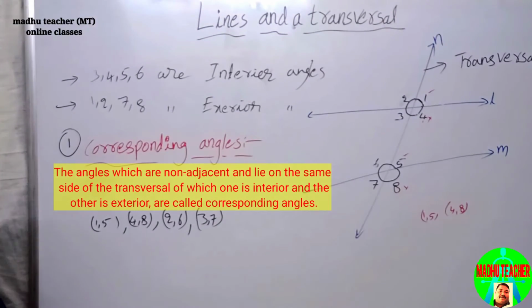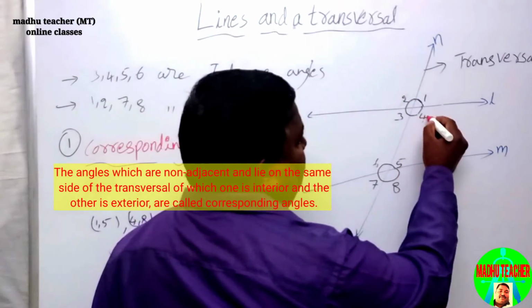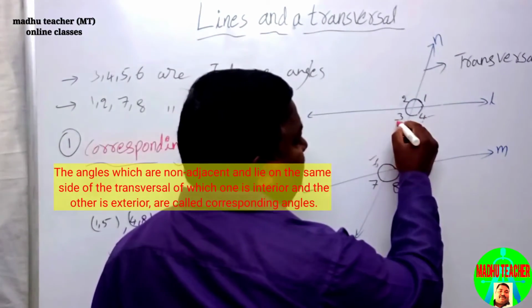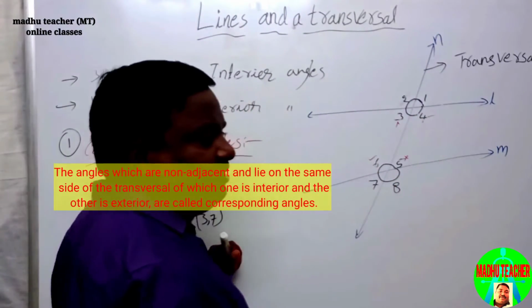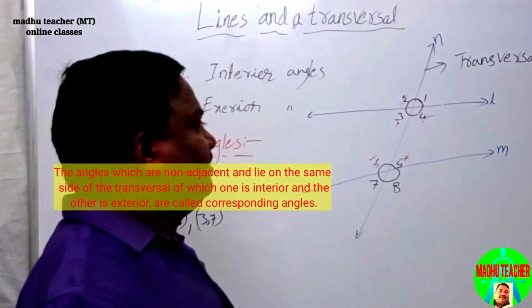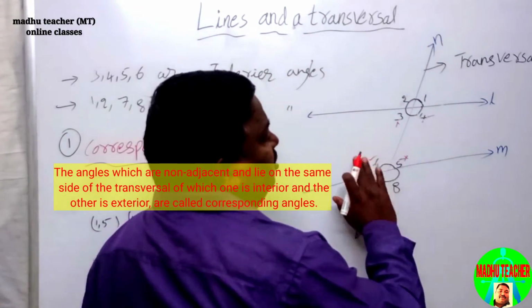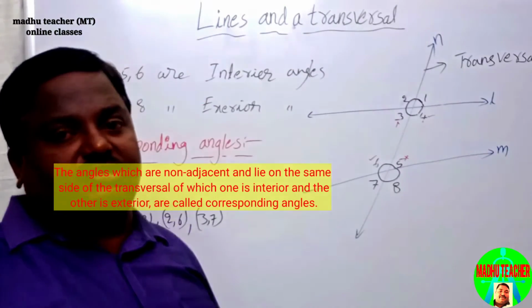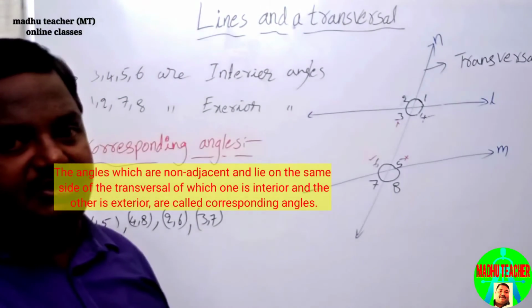Next, let us observe some more. See this, 4 and 6, and 3 and 5. These two angles are non-adjacent angles, on either side of the transversal, and both are interior angles.